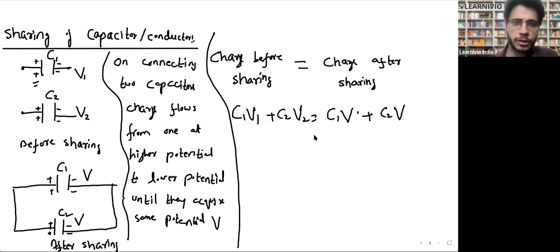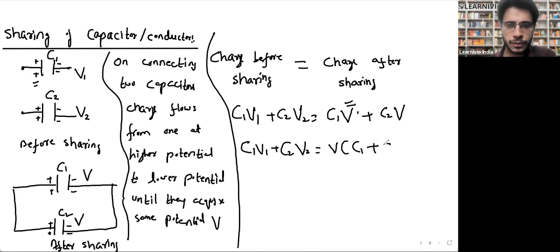Ahmed, what is V here? It is the common potential which both the capacitors have after sharing.